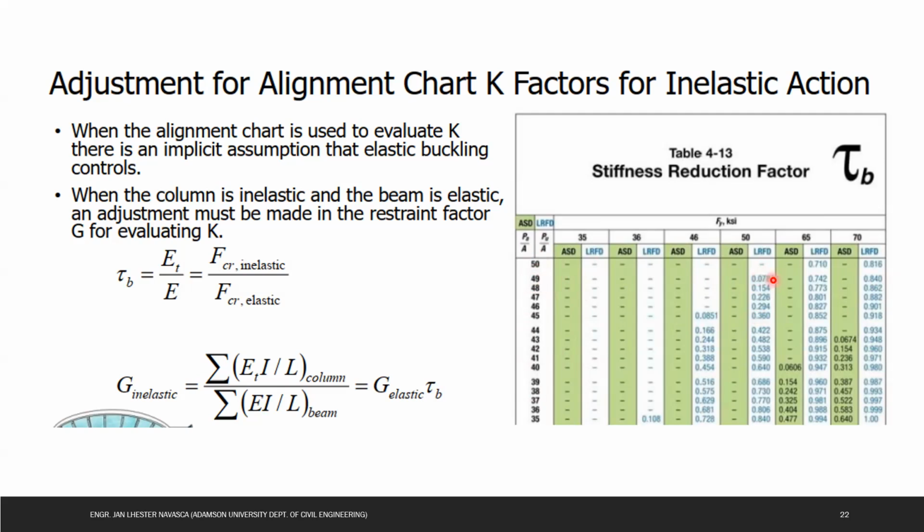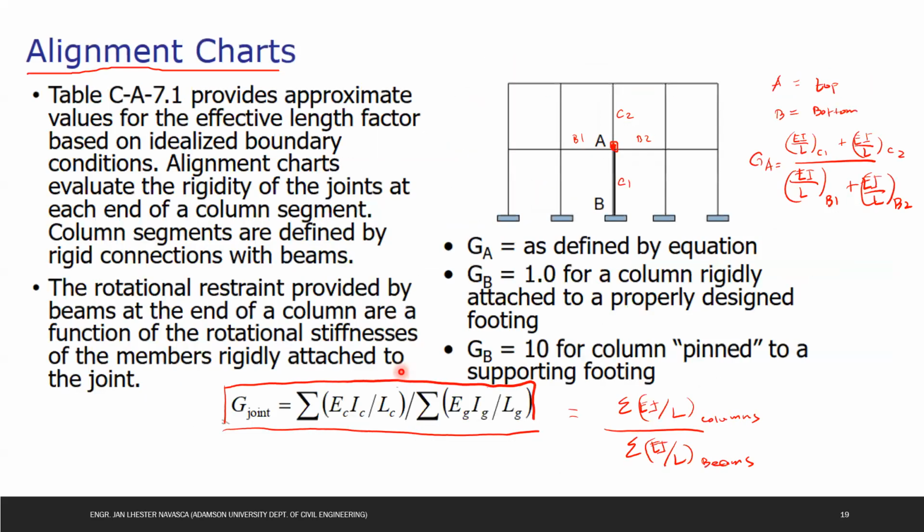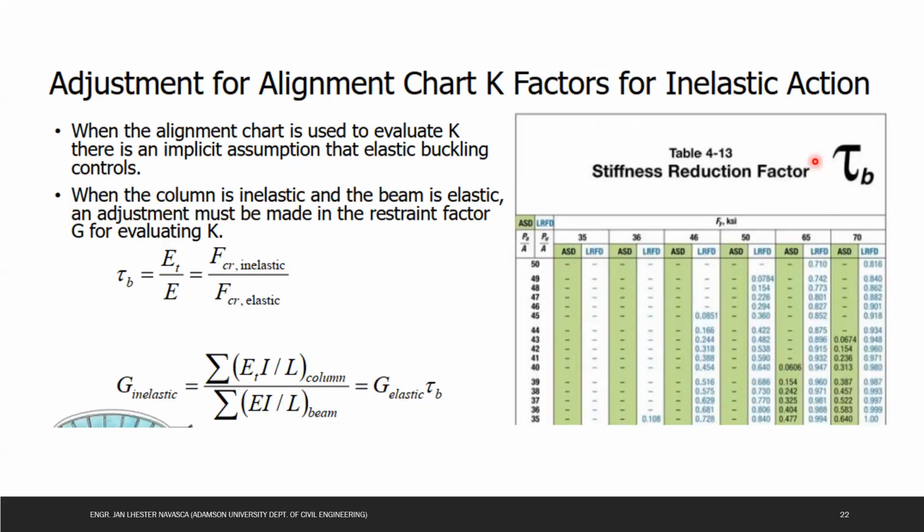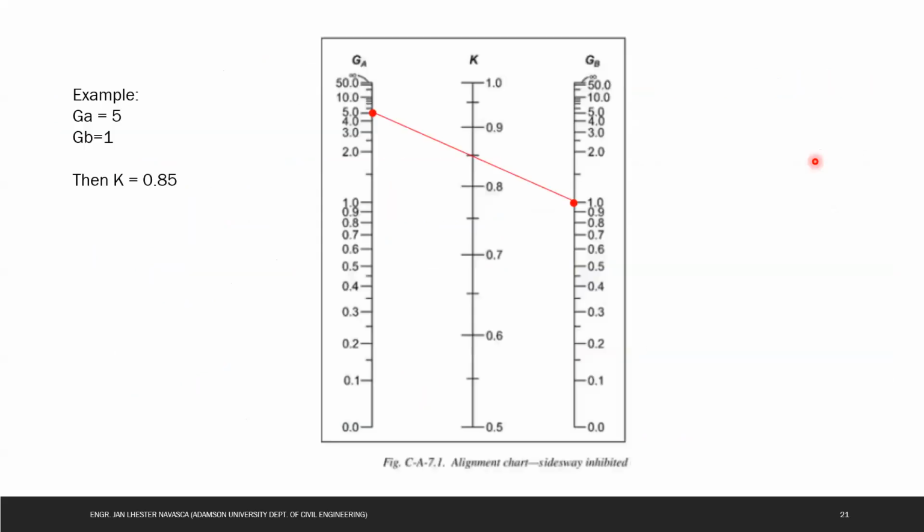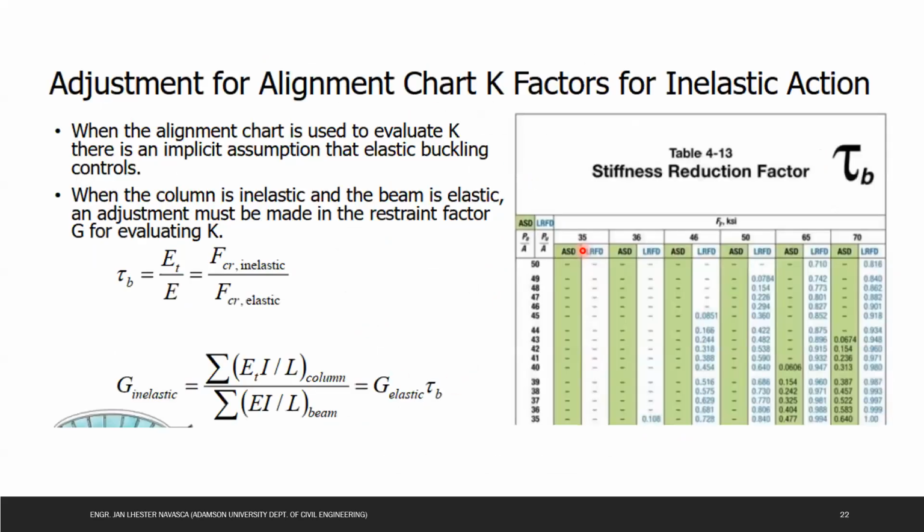And this reduction factor, 0.0784, you will multiply to your G elastic. Your G elastic is what you solved in the previous slides, this one. Then that G inelastic is the value that you will be using in this alignment chart. So that is how you use the stiffness reduction factor.